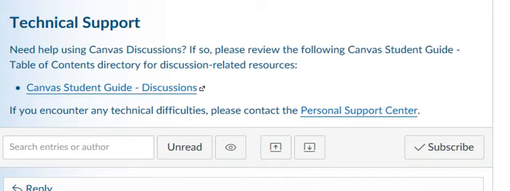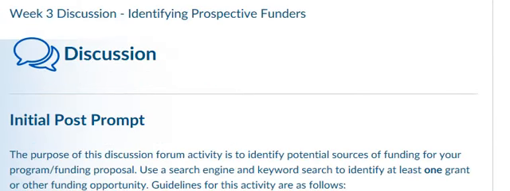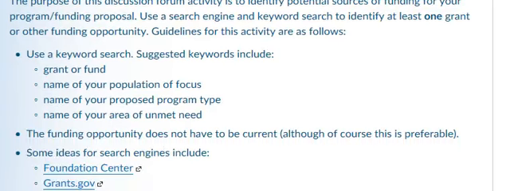There's a second discussion post, which does not require you to respond to a partner. You can if you wish, but it does not require you to. This one is when you're actually going to try to find some funding.